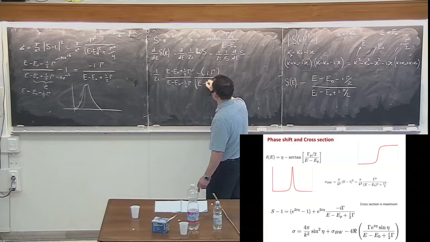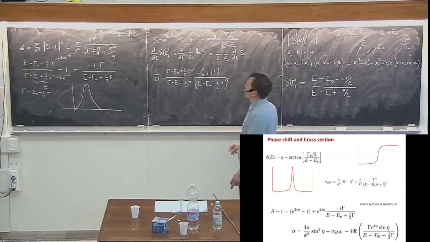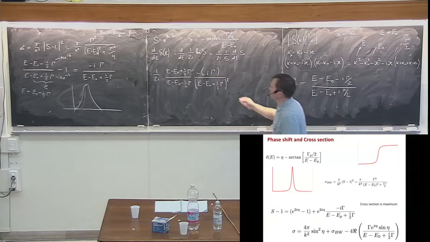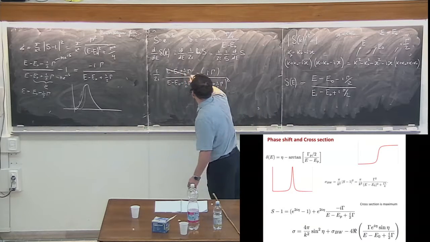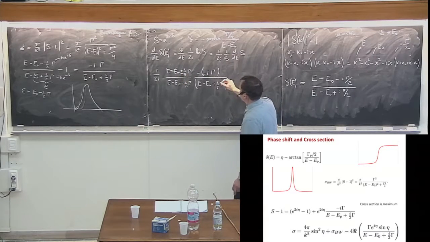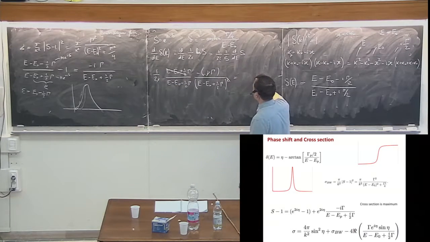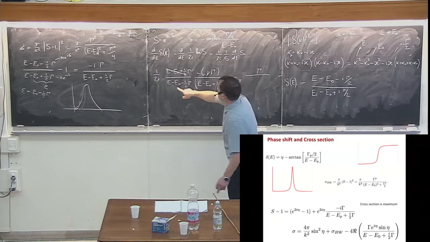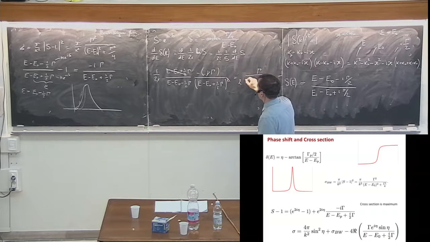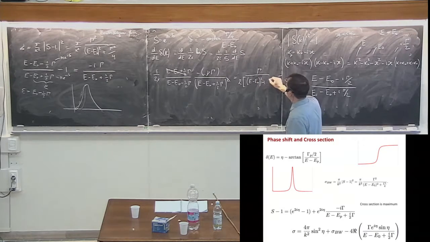So this is (E minus E0 plus i over 2 gamma) squared. Right, so this is the full derivative. Then this square cancels out, and minus minus disappear, i cancels out, so what I will get is just gamma divided by 2, and this is a product of two conjugate numbers, so this is just (E minus E0) squared plus gamma squared over 4.